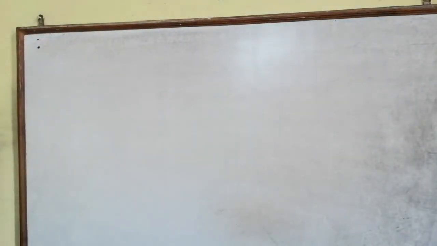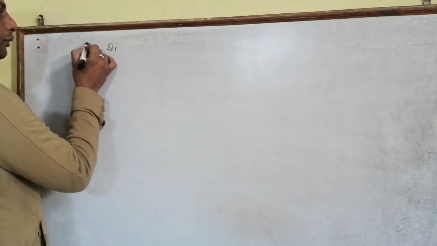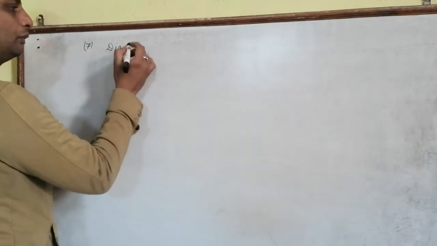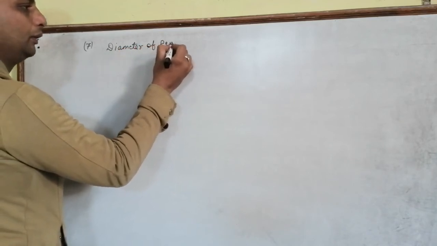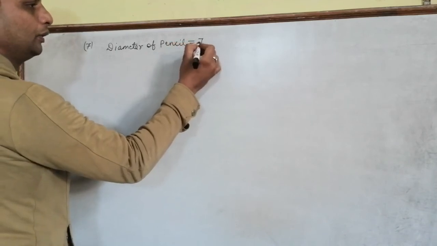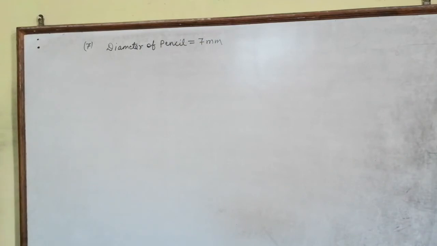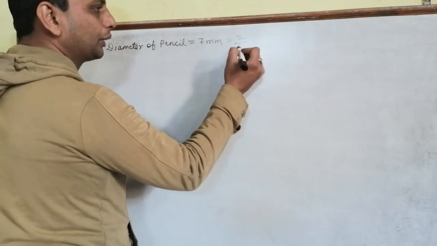Now for that, it is given that the diameter of the pencil is 7 millimeter. This is mentioned in the question. So millimeter we have to convert into centimeter.